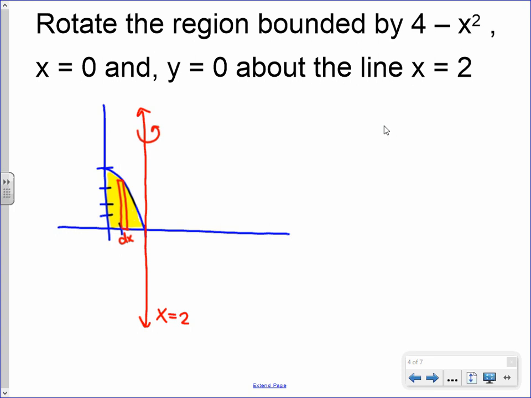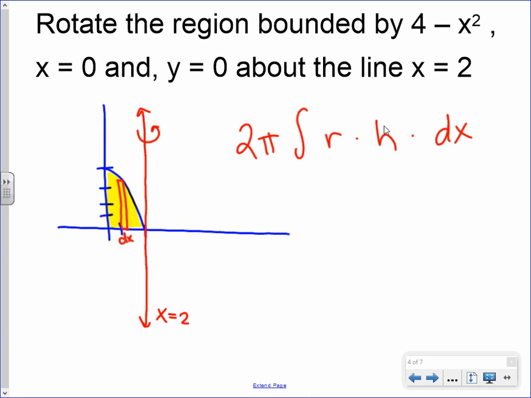And since those rectangles are parallel to our axis of rotation, we will be using the shell method. So we know that the shell method is 2 pi r h thickness.